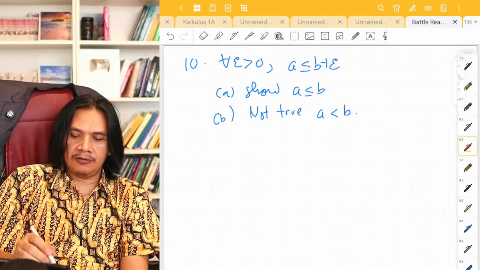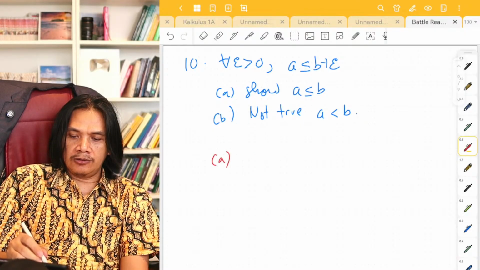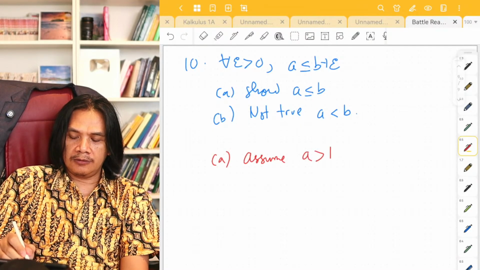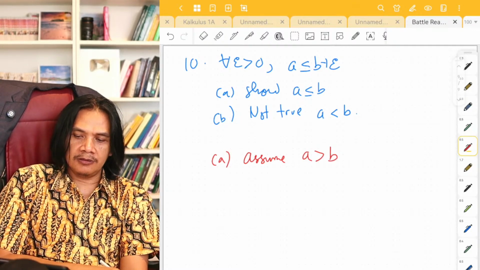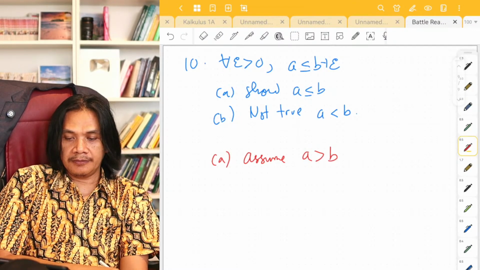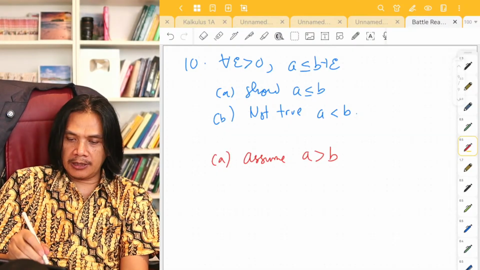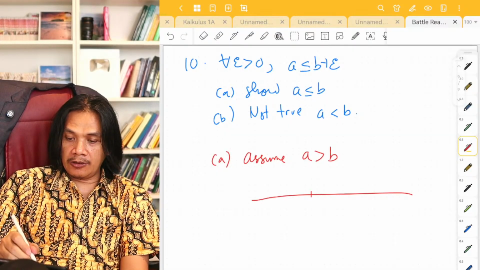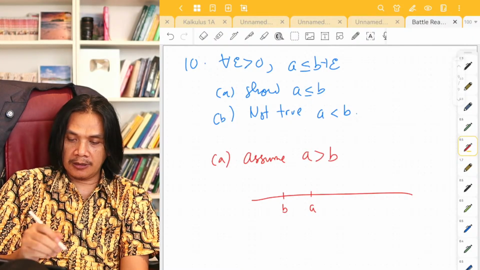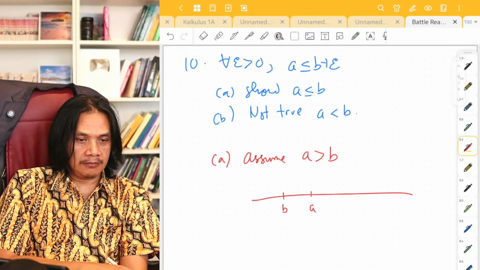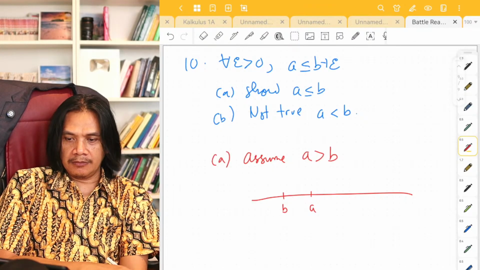So assume not. Assume on the contrary. So what's happened? A is bigger than B. Then you will find an epsilon. In your picture, this is A and this is B. So if you want to prove the contrary false, you want to prove the opposite false.